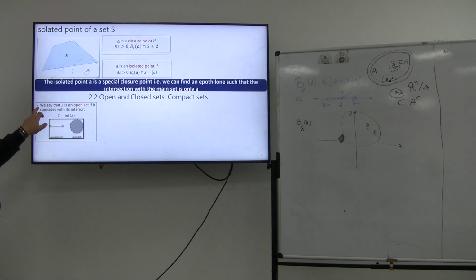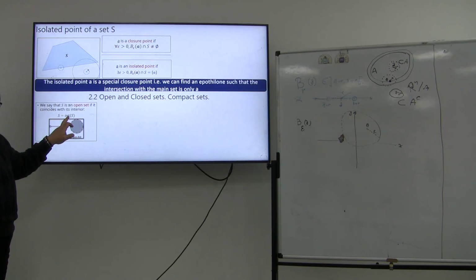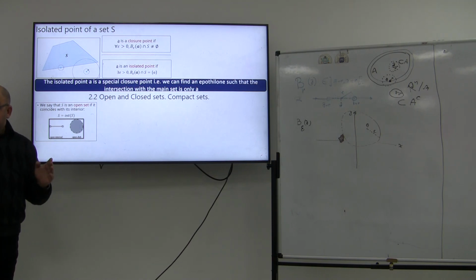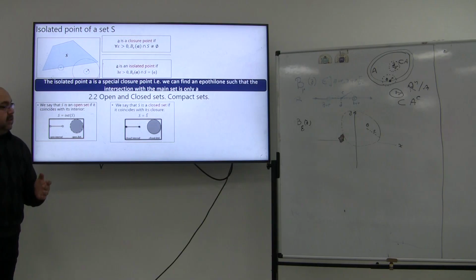We say that the set S is an open set if it coincides with its interior, without the boundary. So I can say S equals the interior of S, which means an open interval or an open disk or a sphere without a surface, if you remember from the beginning of the slides.